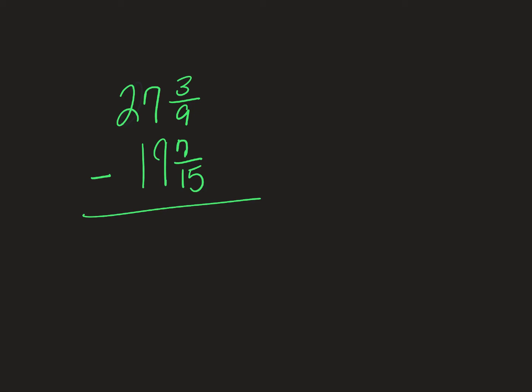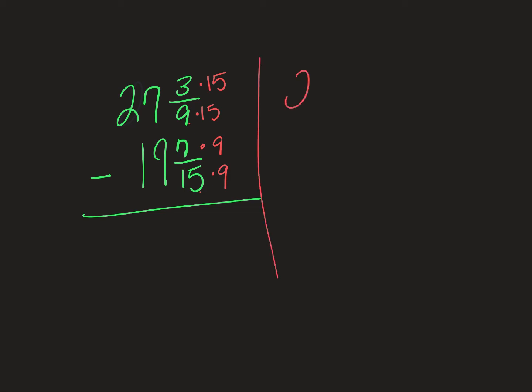So you're going to ask yourself some questions. You can either do the LCD method, or you can multiply the denominators together. In other words, you can take 15 and multiply this by 15, take this denominator and multiply it by 9. And which is probably the best option here.